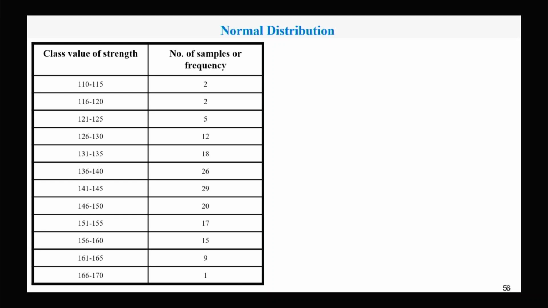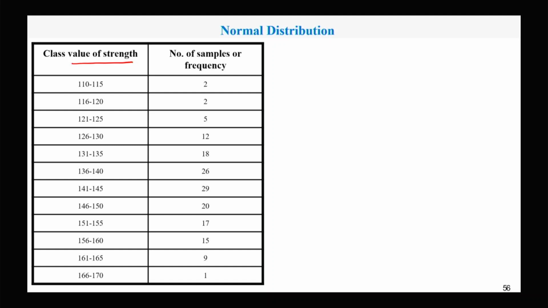So here in this table the strength value is obtained. So there are different test samples. After obtaining the strength value, we can classify or group the values at different levels.